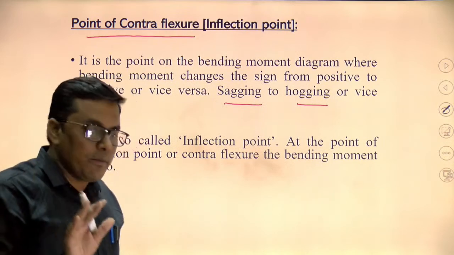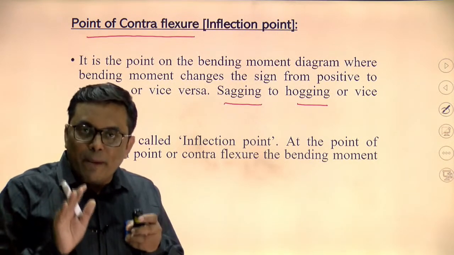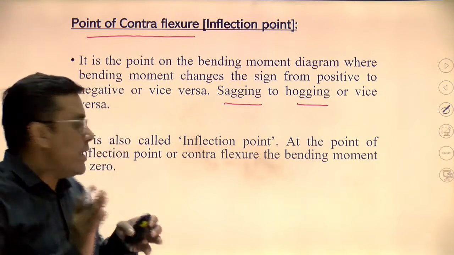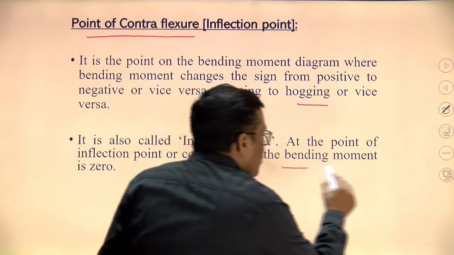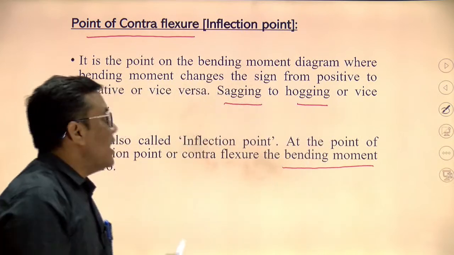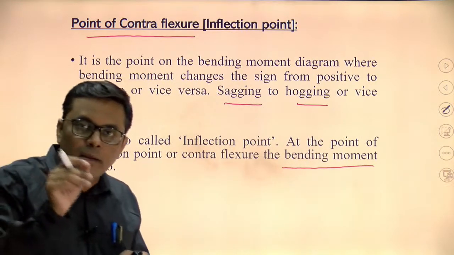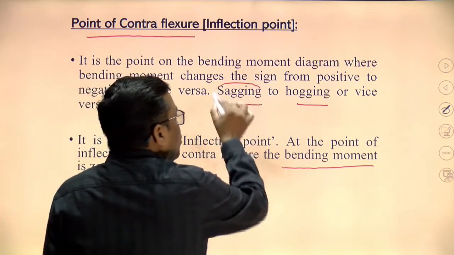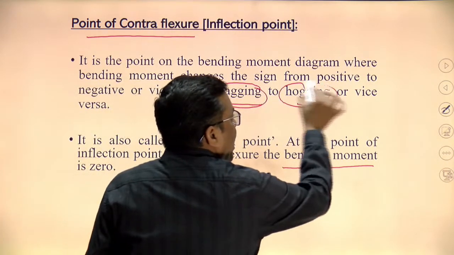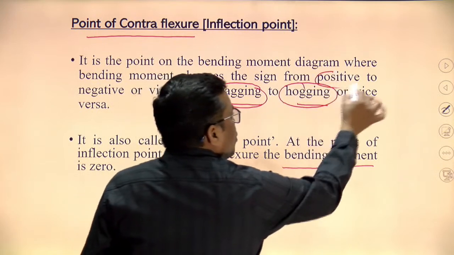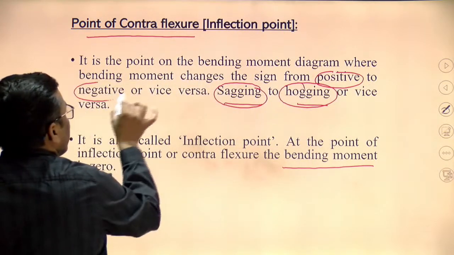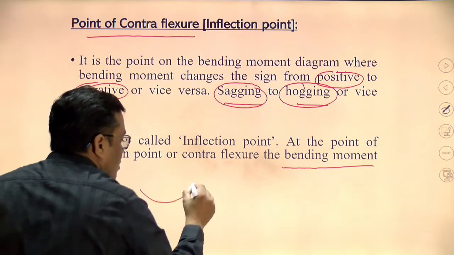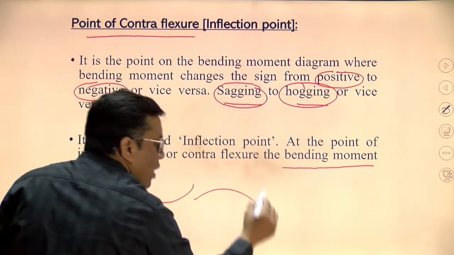Clear? What is the point of contraflexure? Mathematically it is that point where the bending moment is 0, or technically I can say it is the point where bending moment changes its nature. Nature means from sagging to hogging, from positive to negative, from concavity to convexity.